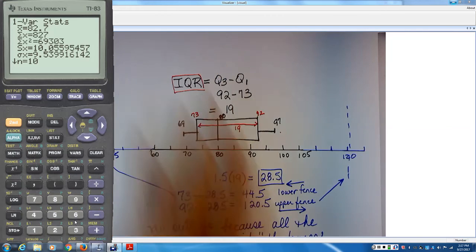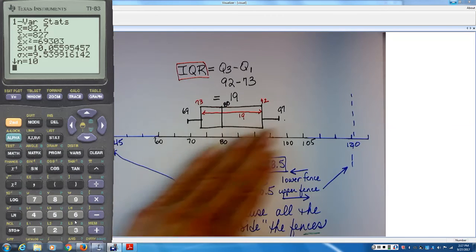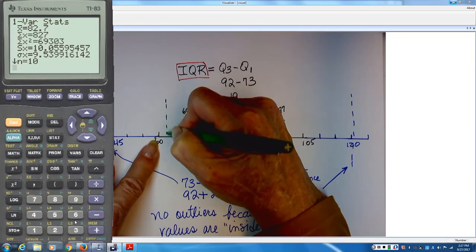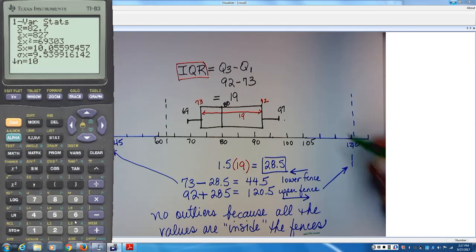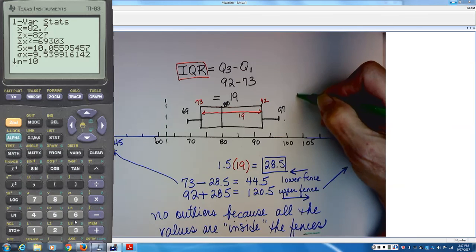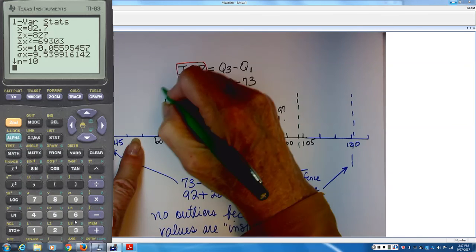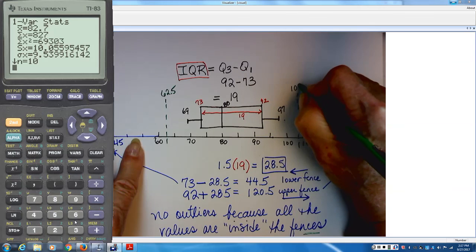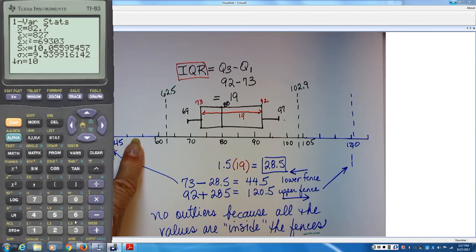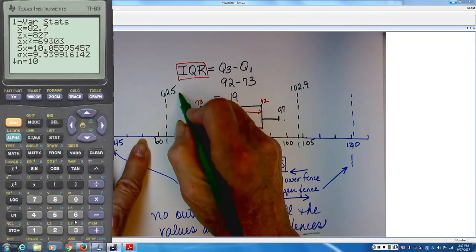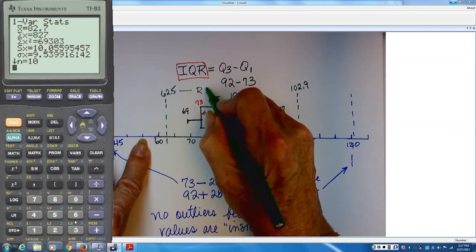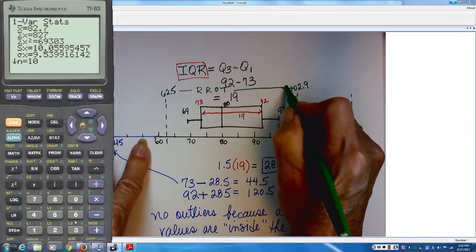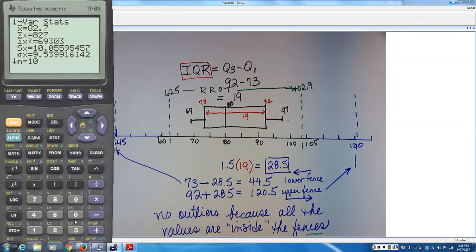If we mark where those are on your box plot, because your box plot is a picture of all your data, your 62.5 is right there, and your 102.9 would be right here. So this is your range rule of thumb. It's just another way to try to determine if you have outliers.